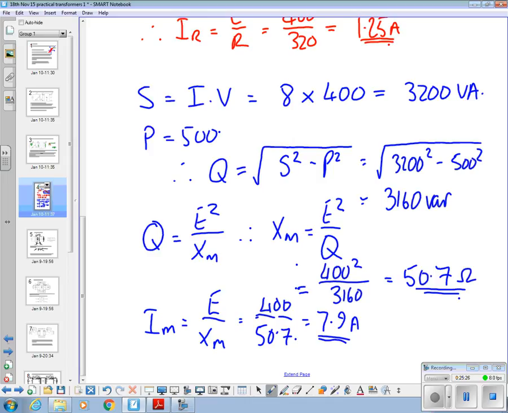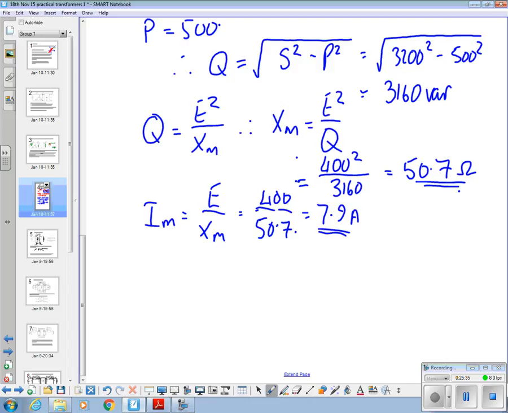What's the check here that we got those two currents right? By Kirchhoff's current law, that's why I've asked you to calculate IR and IM.